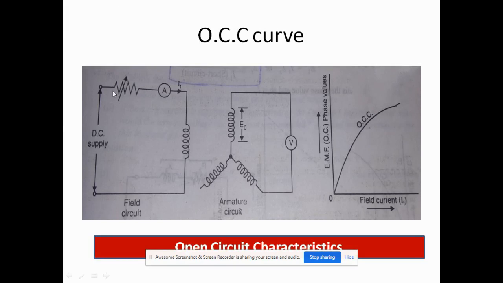It is a changeable resistance, and accordingly we'll observe the value of induced EMF over this voltmeter, and the curve between the field current and open circuit EMF will rise at this point. So this is called OCC, open circuit characteristics curve.